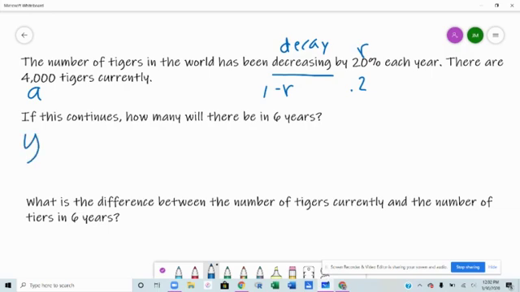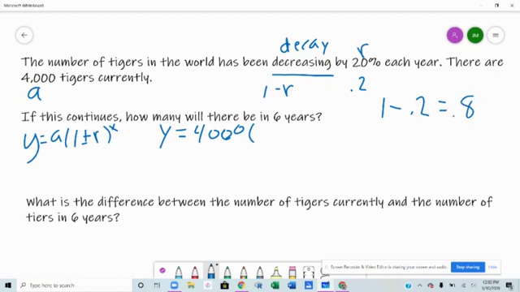So we want to fill this in first, and then we use that equation. So we know that A is 4,000. And then for 1 plus r or 1 minus r, it says we are decaying, so 1 minus r, and r is 0.2, so we have 1 minus 0.2, which if you need your calculator or Desmos, do so.